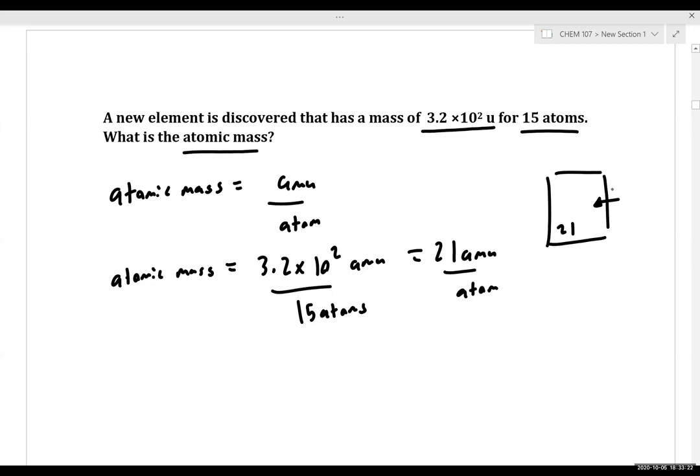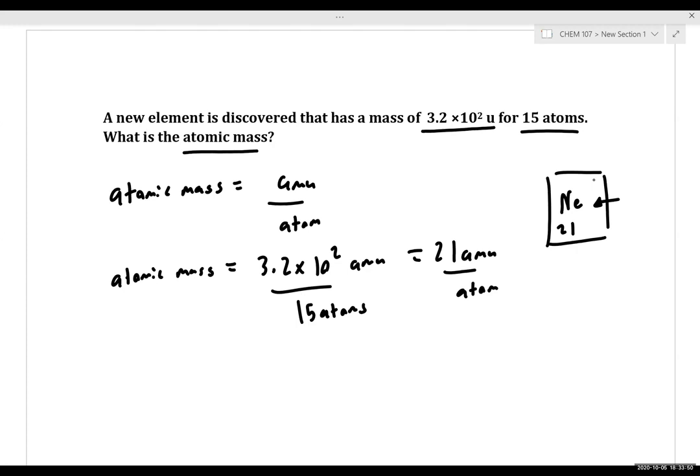What element has an atomic mass of about 21? Neon. Yep, so we can say that it's pretty close to that of neon. It's not exact, but neon would be a reasonable assignment.